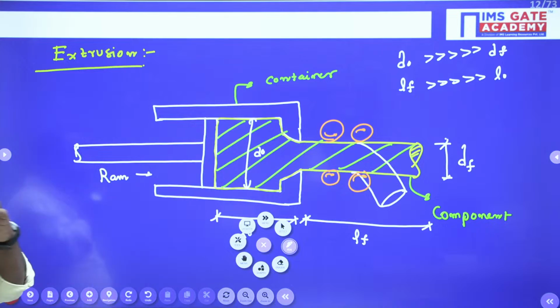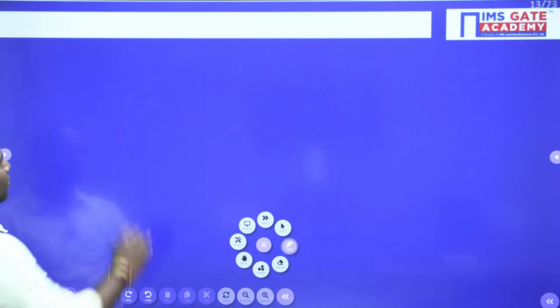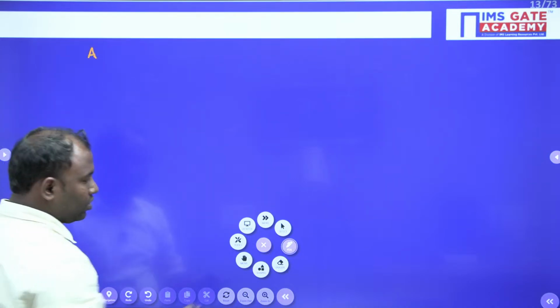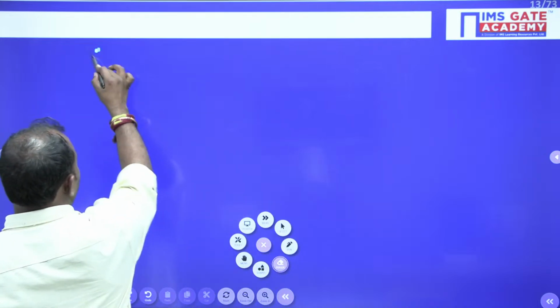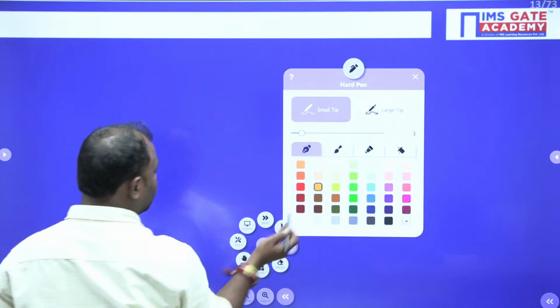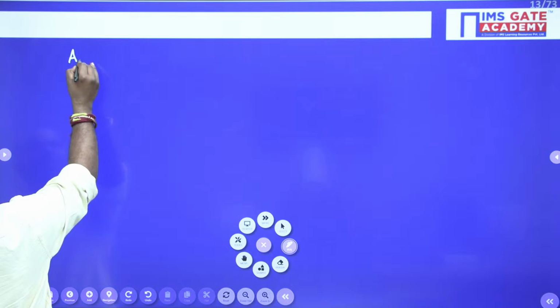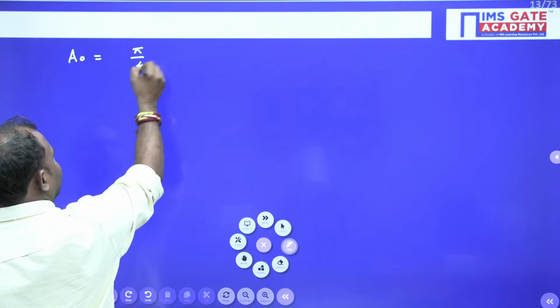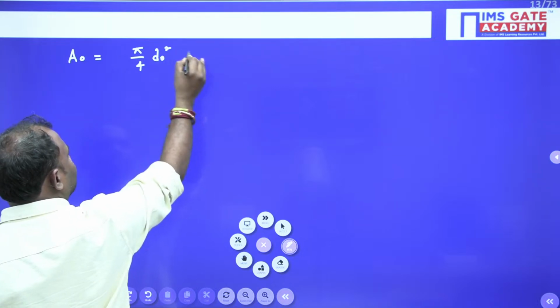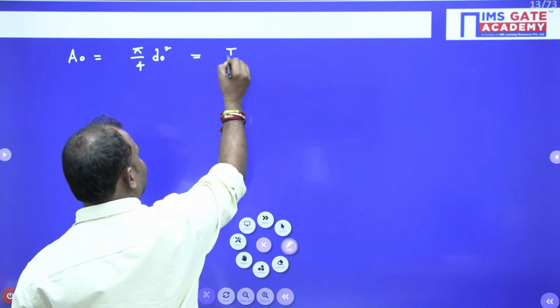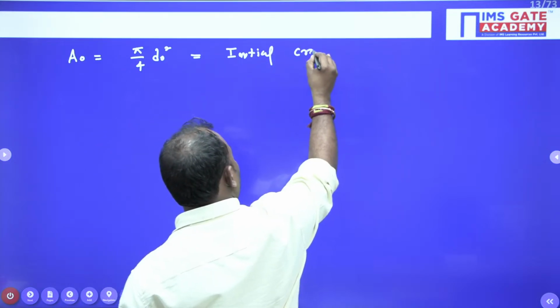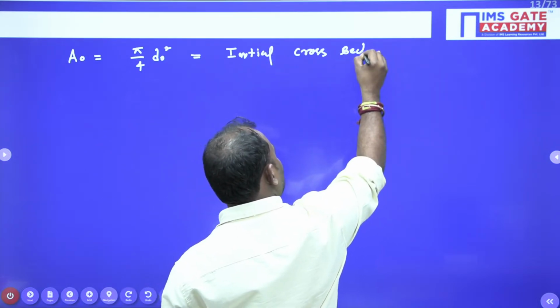Right. Now let us go for some calculations over here. Initial area A0 is equal to pi by 4 D0 square. That is the initial cross section of the billet or workpiece material.